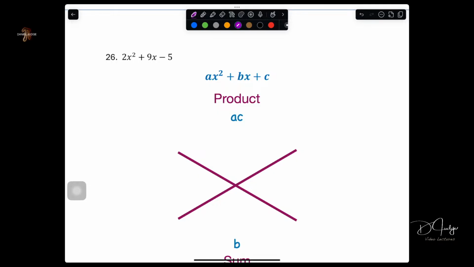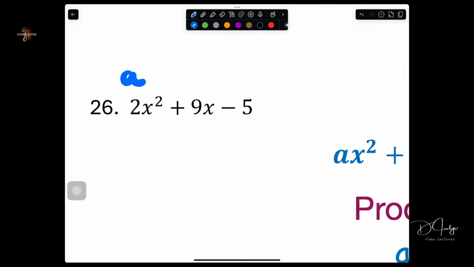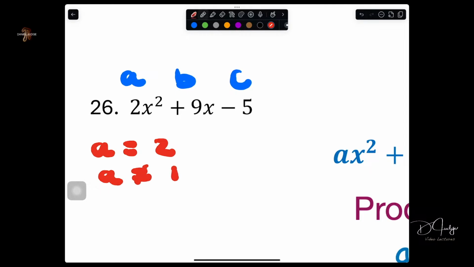26. A, B, and C. A is 2. A is not the value 1.